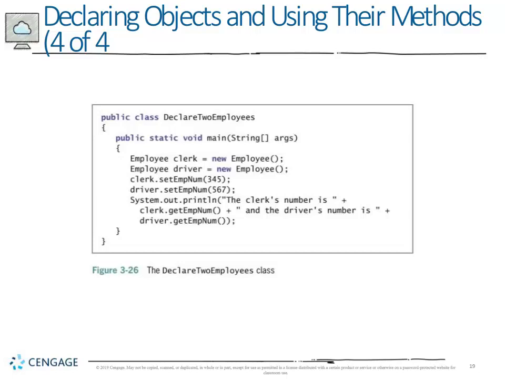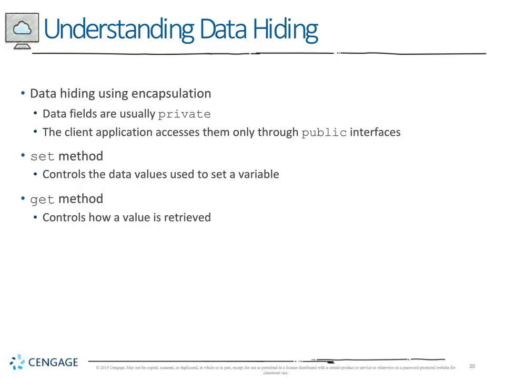So use the object name, dot, the method, then parameter if needed. The meaning of encapsulation is to make sure that the sensitive data is hidden from users. To achieve this, you must declare class variables or attributes as private and provide public get and set methods to access and update the value of a private variable.